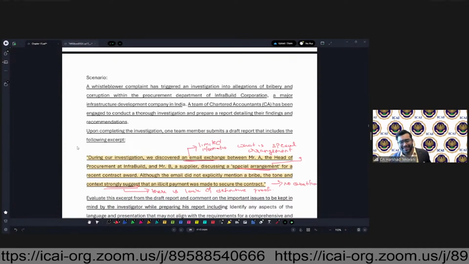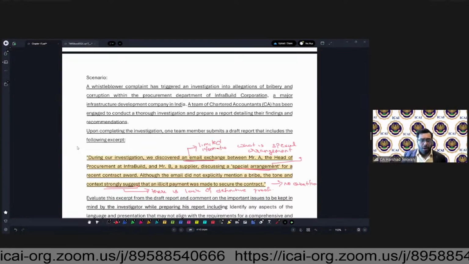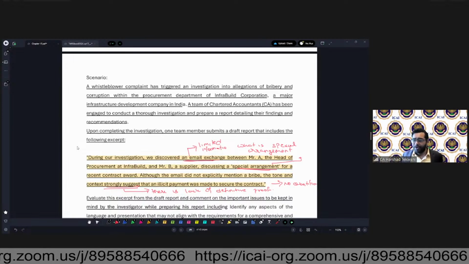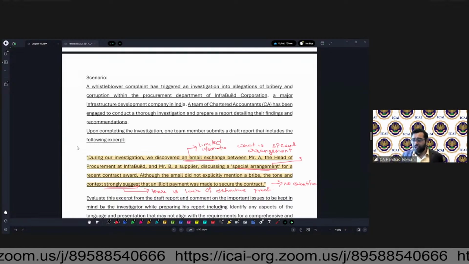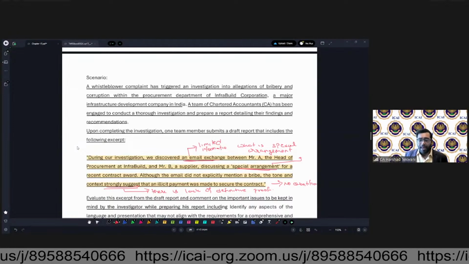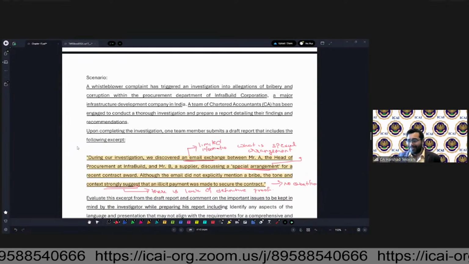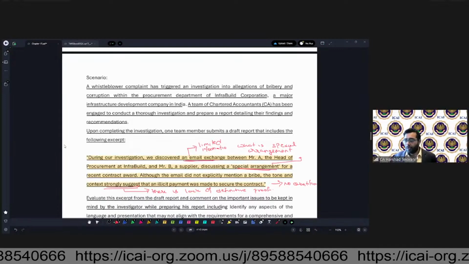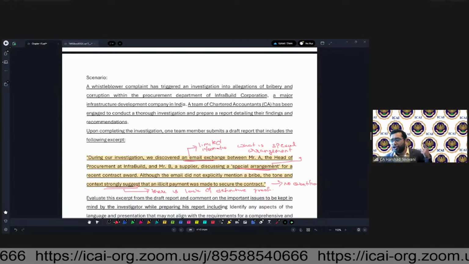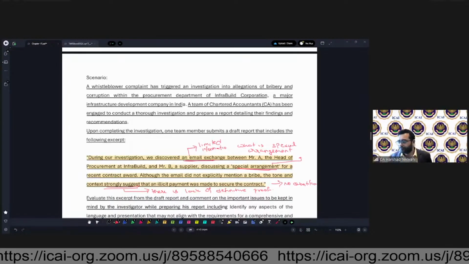So all these things in this particular paragraph are creating ambiguity and chances of misinterpretation. They lack clarity, and as a result, this is a problem when you write an investigation report. Clear? So clarity, precision, objectivity of the report, these things should be there.